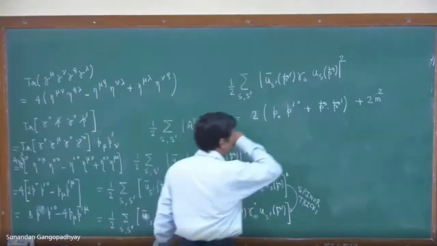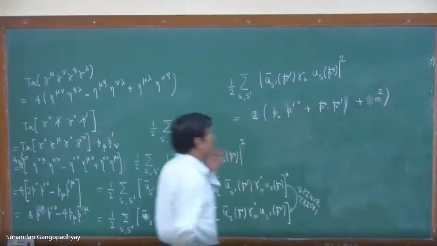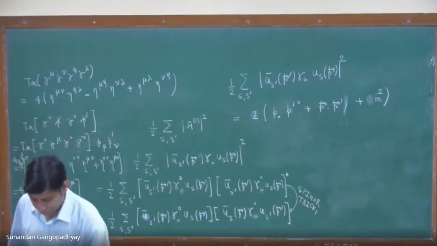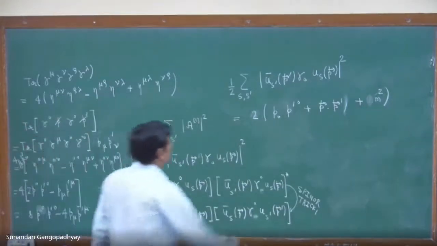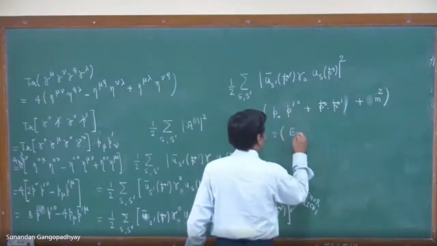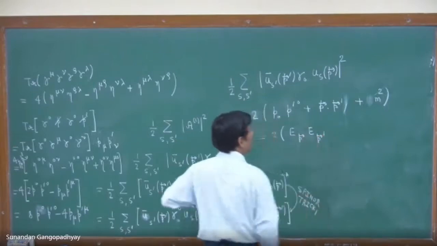So now I can basically combine this. You can take the 2 common. Now P0 P prime 0, we can write down as twice E_P squared.